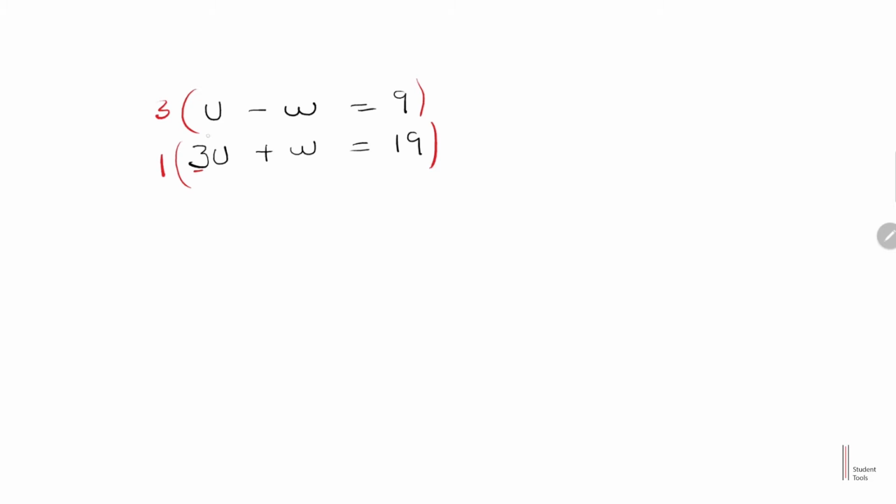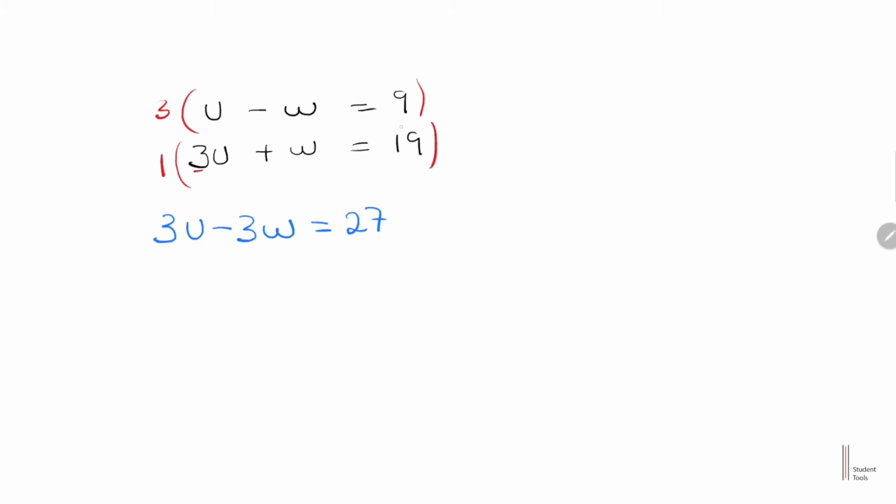It's not there, but we know that there is a 1 over here. So the next step is to multiply out this. So for the first equation, we have 3 multiplied by u, so that is 3u. And then 3 multiplied by minus w, so that is minus 3w, equal to 3 multiplied by 9, that is 27.